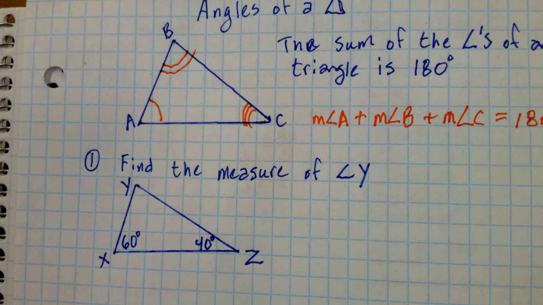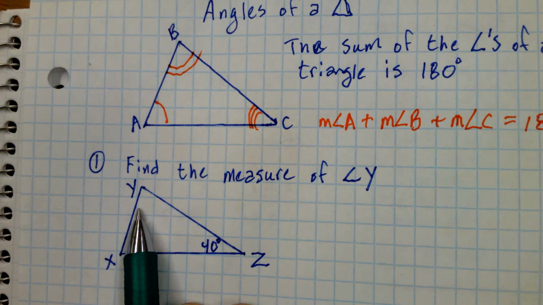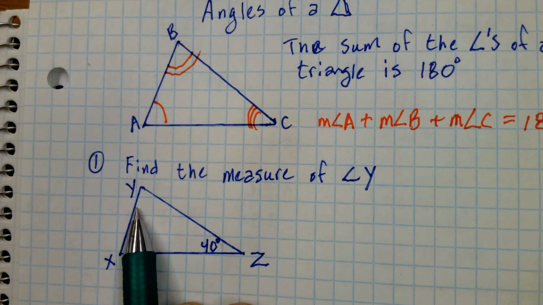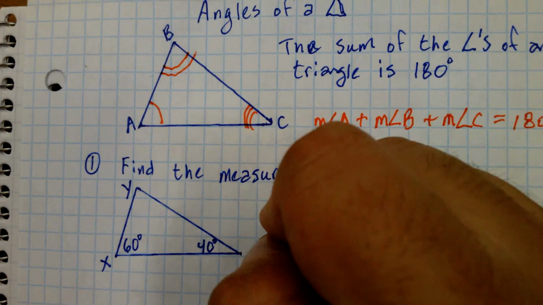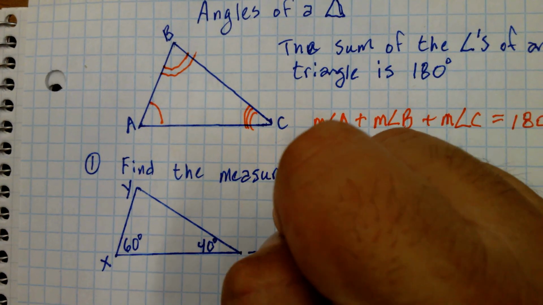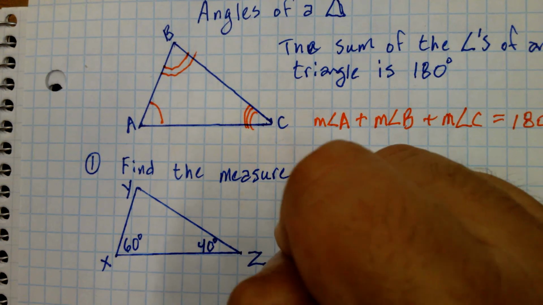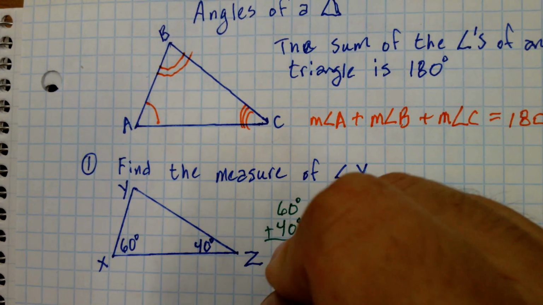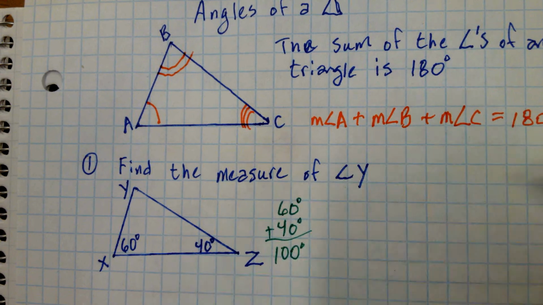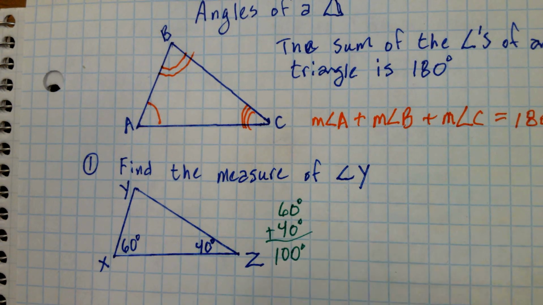So let's see. What can we do to possibly figure out Y? Add 60 and 40 together. That's 100. And subtract that from 180.